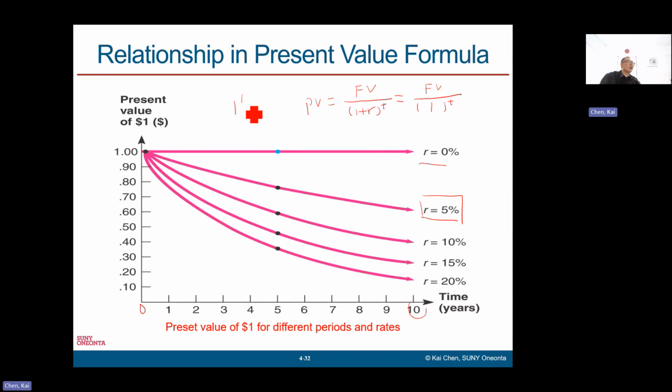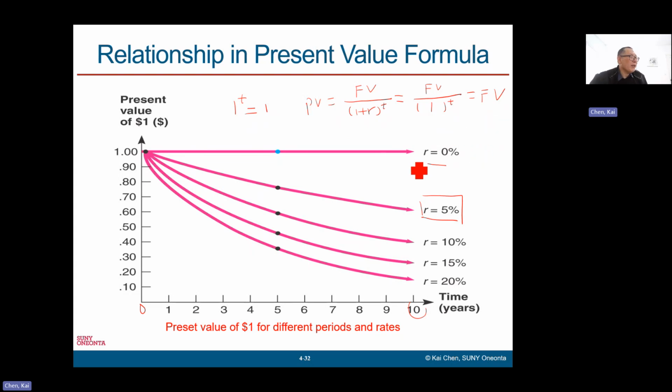With algebra, we know no matter what t is, 1 raised to the power of t is always equal to 1. So in this case, the denominator is 1, and we have future value. So present value always equals future value.